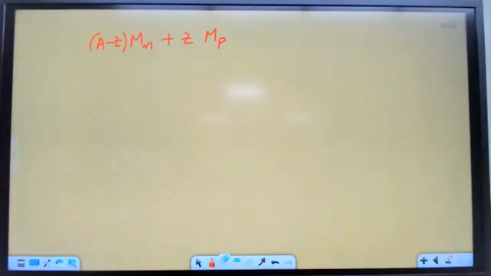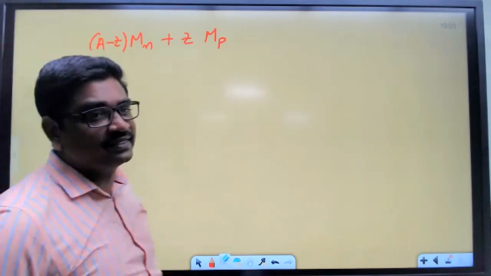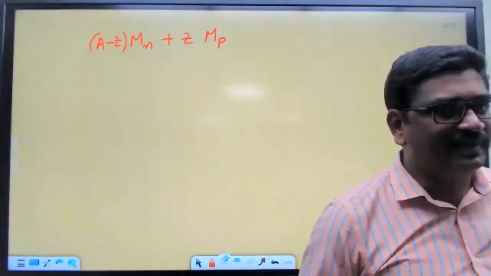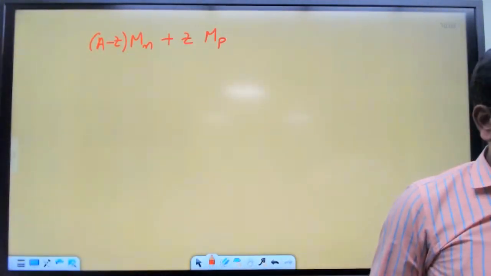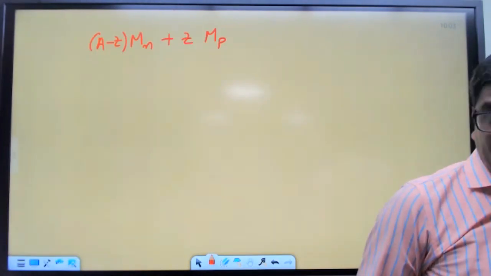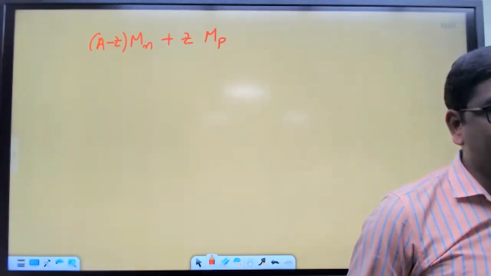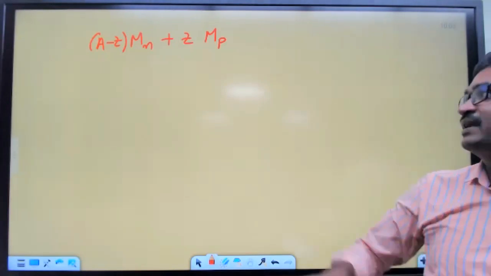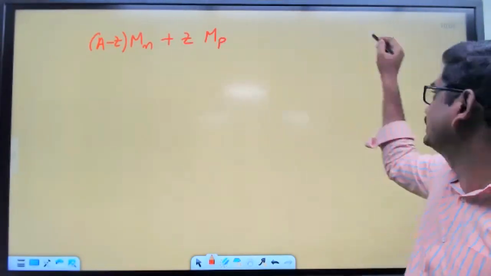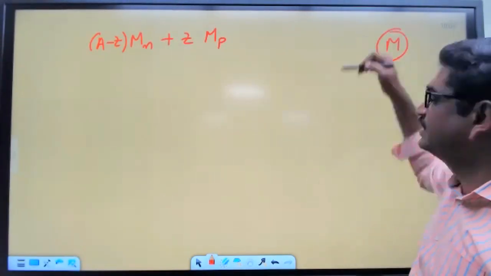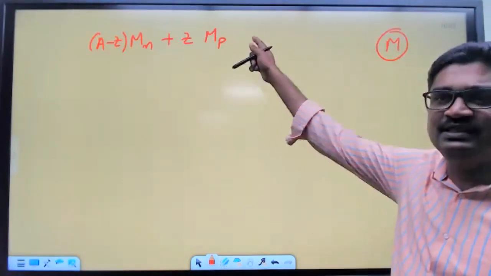Now, this mass is always greater than the element mass, the mass of that atom, or in the periodic table, the mass of each atom is there, no? So that value is different from this value. If you calculate like this, and the mass of that element is m, there is a difference in these two values.